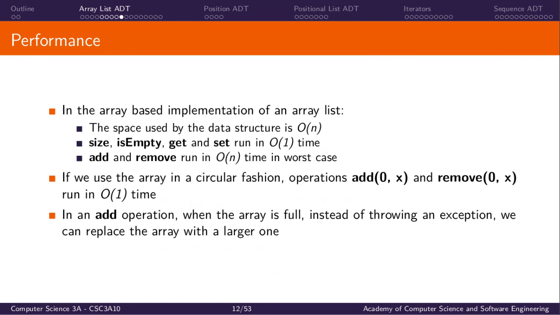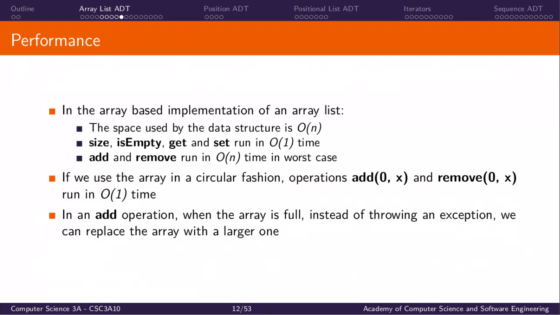All right, so for this array-based implementation, the space used by the data structure is order small n. We know in actuality it's order big N. It's actually the capacity of the array because everything is allocated and first set to the default value. That's fine. Size and isEmpty, get and set run in constant time, because get simply returns without removing and set simply replaces.